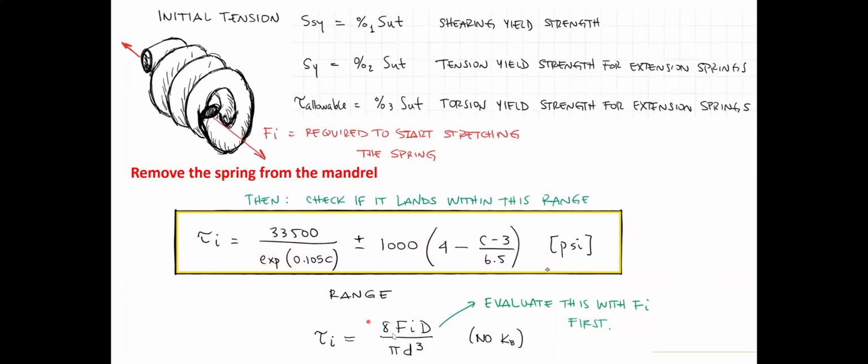If this tau i is beyond those values, it may cause failure, right? So we use this equation to evaluate first, and then see whether this value is within this range or not.